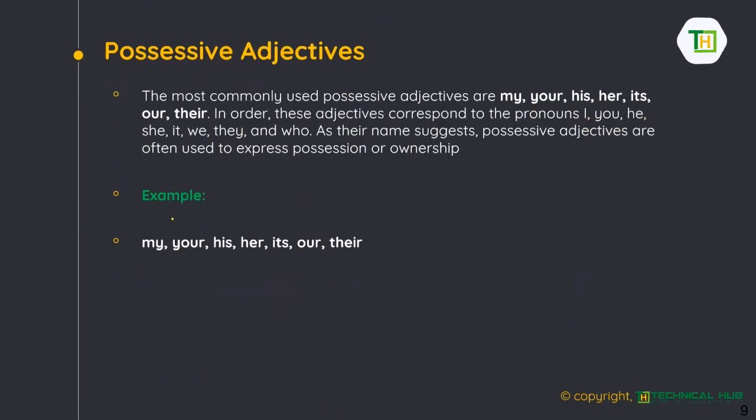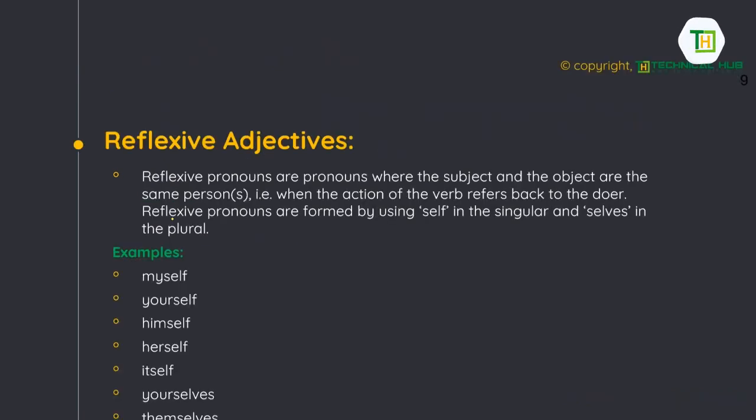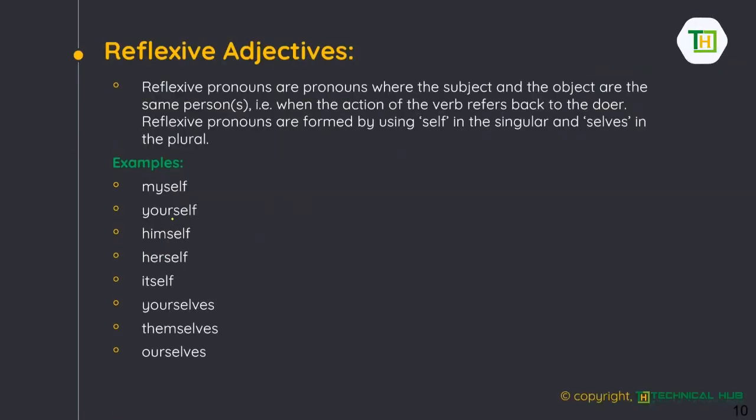Next one, possessive adjectives. Possession, belongs to whom? My, your, his, her, its, our, their. All these come under this. And reflexive adjectives: myself, I prepared the food by myself. Most people, while introducing, never start the intro with myself.